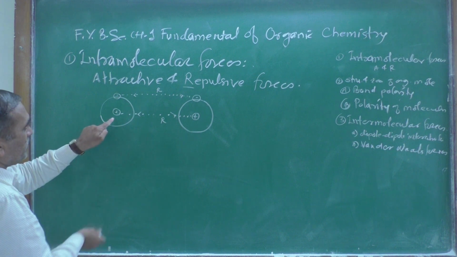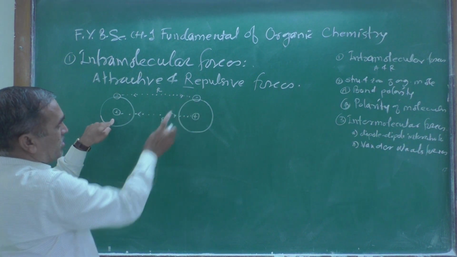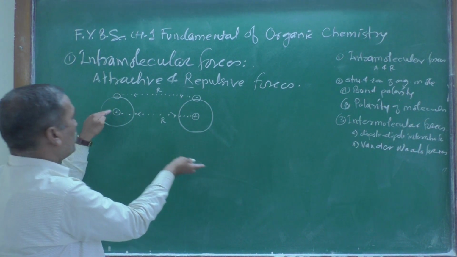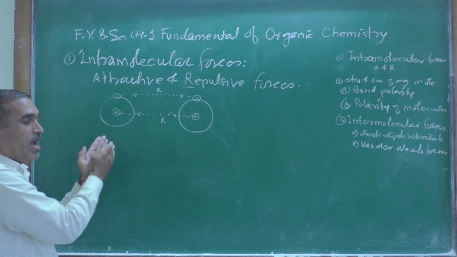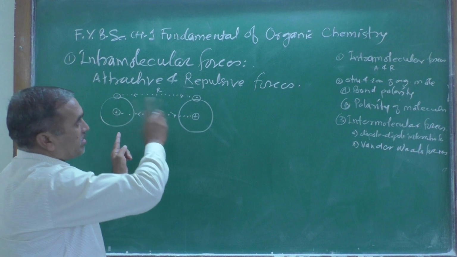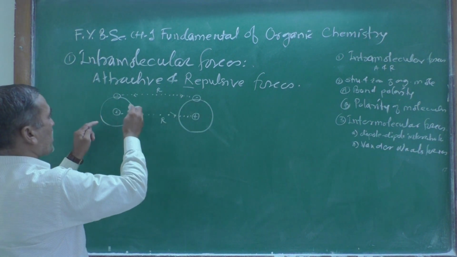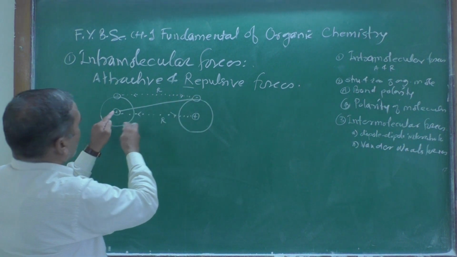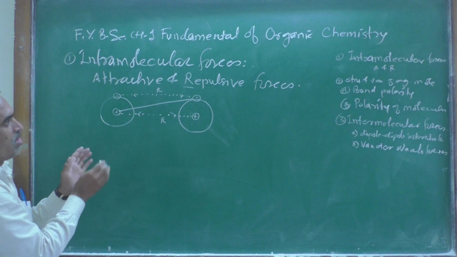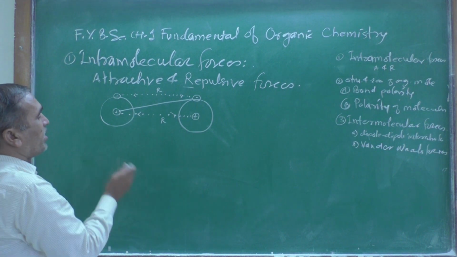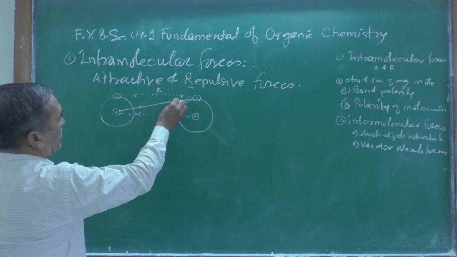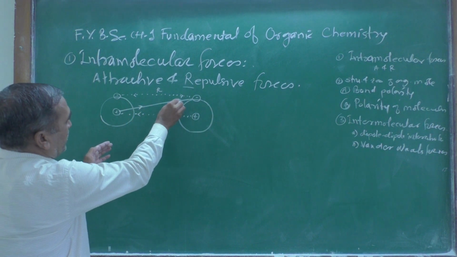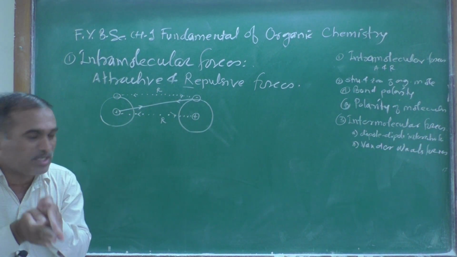Now what is going to happen? Here is a positive charge and here is a negative charge. Assume this is atom number 1 and this is atom number 2. The nucleus of atom number 1 gets attracted toward the negative charge present on the second atom, shown here by the thick line with an arrow, which indicates they are attracted to each other.